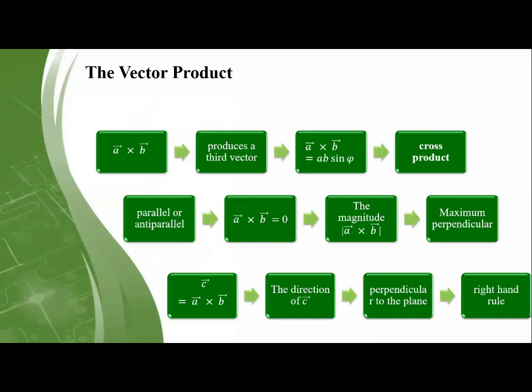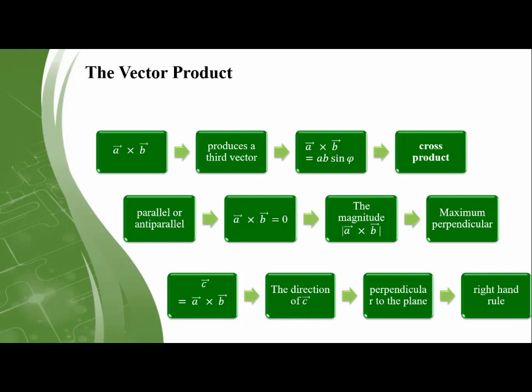Vector product. The vector product of A and B, written A cross B, produces a third vector whose magnitude is equal to AB sine phi. Because of the notation, A cross B is also known as the cross product, and in speech it is "A cross B."